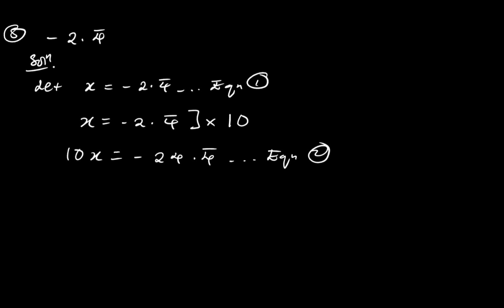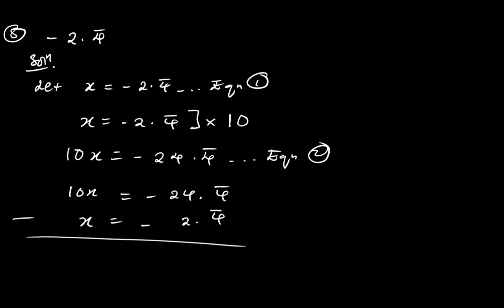Then subtracting this, you'll get 10x being equal to minus 24.4 bar, then x being equal to minus 2.4 bar. Now be mindful that we are subtracting. So when I say minus, minus, minus, it means we have a plus here.